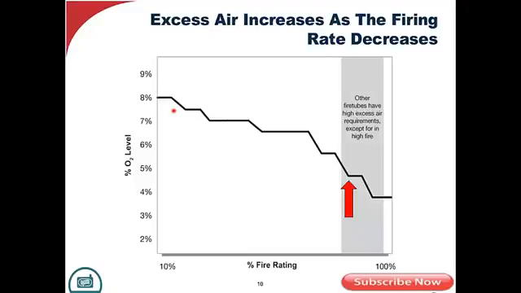More in some units, less in others. But it's certainly something that you engineers ought to keep in mind, especially as it relates to how you size boilers for load. You don't want a boiler hanging in this area all the time.